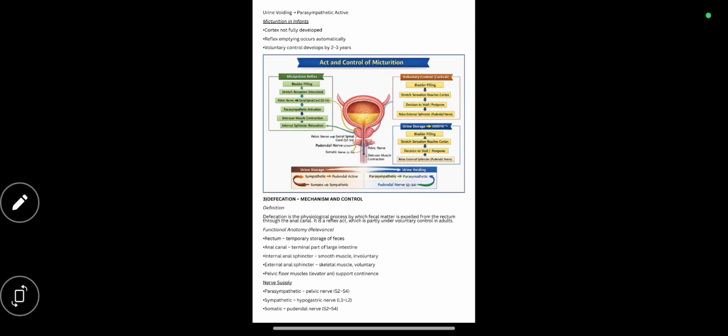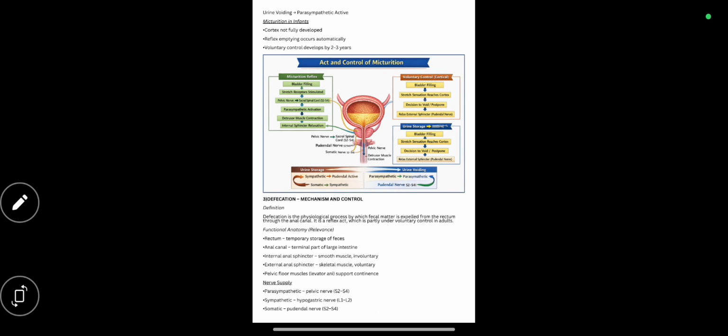I have a suggestion for you when you study both the physiological aspects as well as anatomy. Try to correlate both topics so that you keep revising continuously. When you study the functional anatomy of the defecation reflex, you have the rectum, anal canal, internal anal sphincter, external anal sphincter, and pelvic floor muscle.